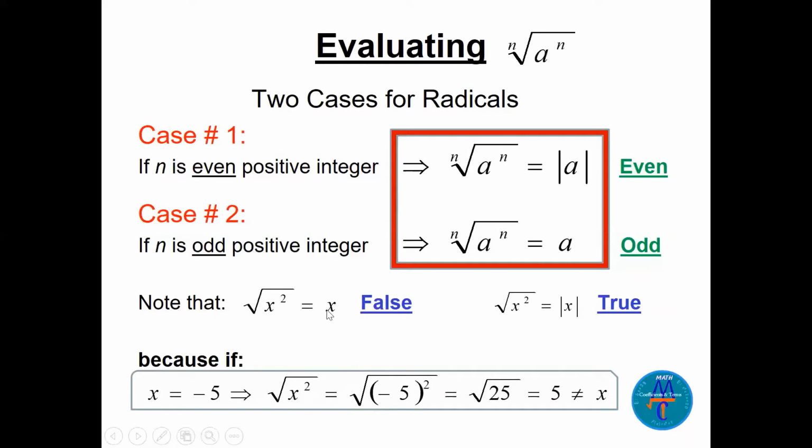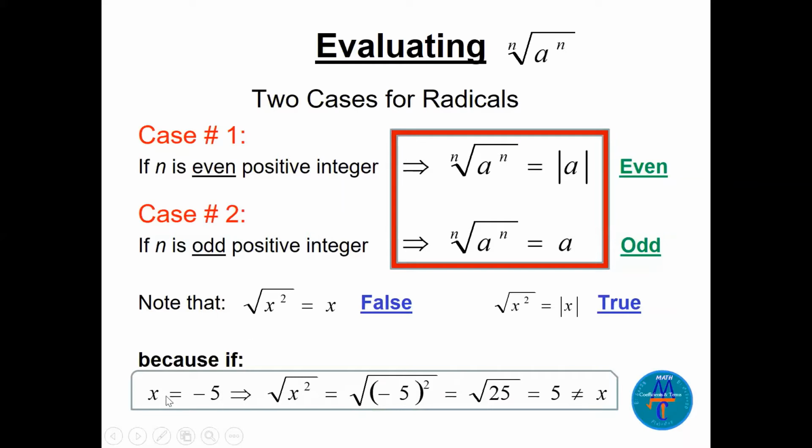Look at this example here. If someone asks you, square root of x squared, is that correct? No, if the answer is x here, it's wrong. The answer should be absolute value of x. Why? The index here, see the index hidden, it's even.